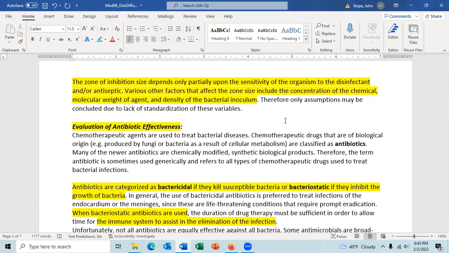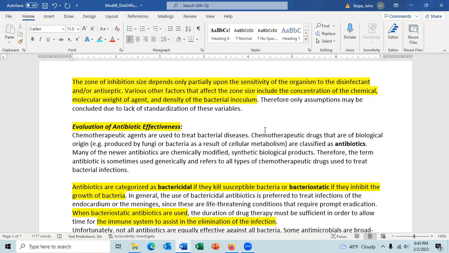The larger the molecular weight of the agent, the smaller the zone of inhibition. And the higher the density of the bacterial inoculum, the smaller the zone of inhibition will be. So those are some of the factors that come into play for determining the zone of inhibition.